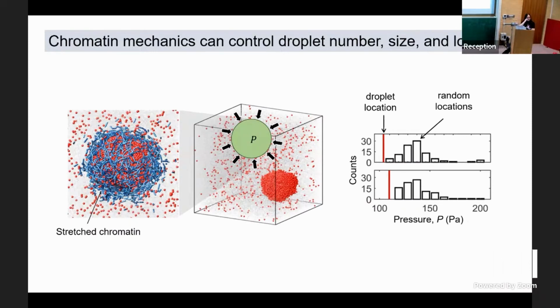If the relevant times here are shorter than the entanglement time or the reptation time of the chains, you should see much of it.